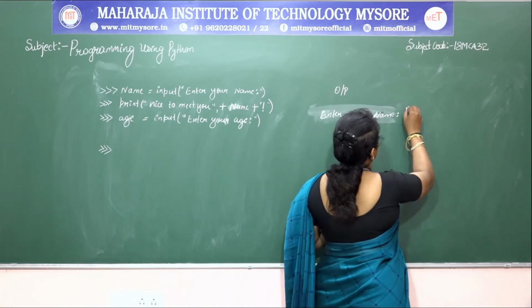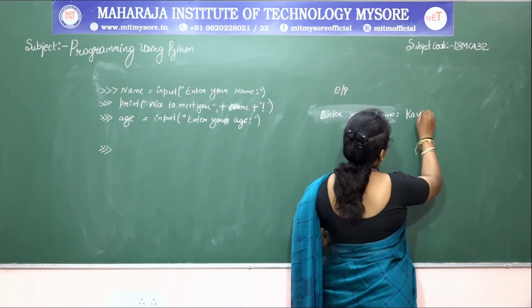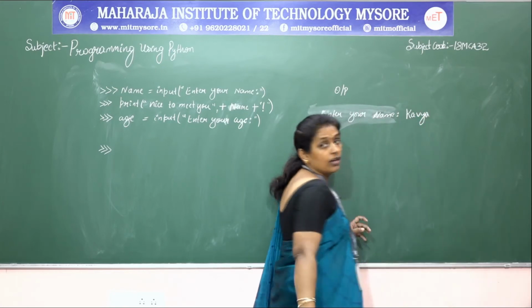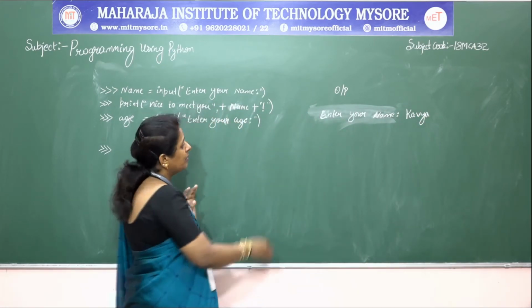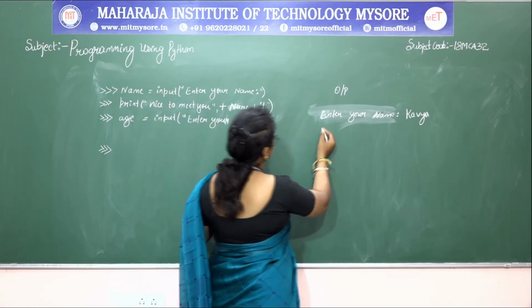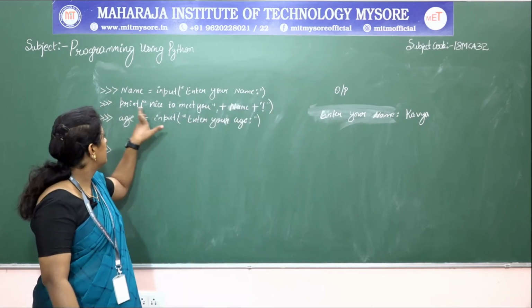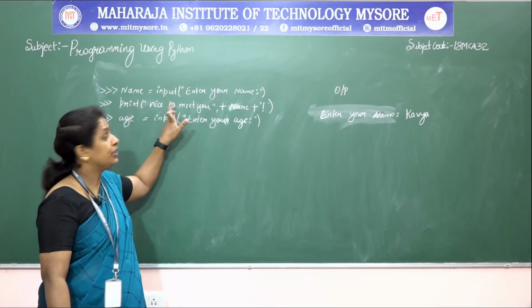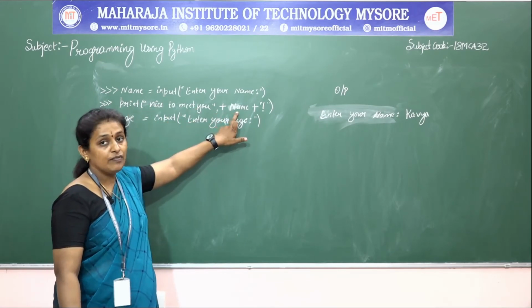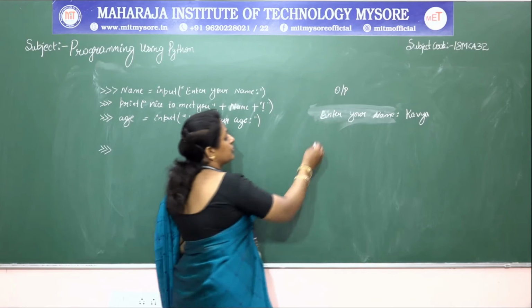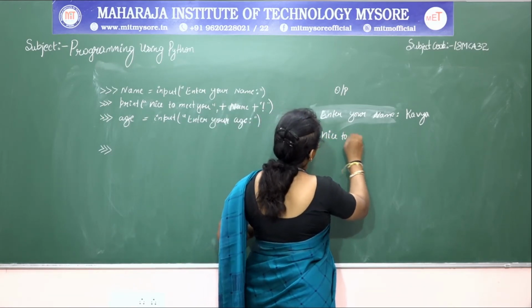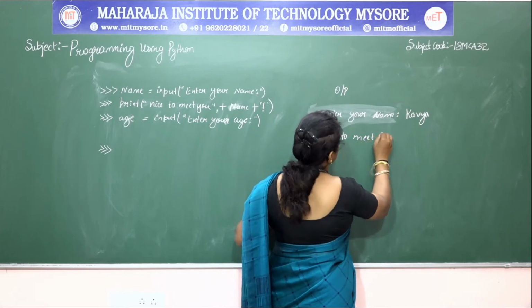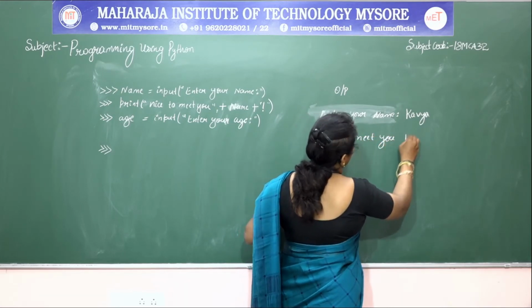I am taking an example as Kavya, and that value will be stored in the variable name. After that, it is going to execute the second line, that is print nice to meet you, and the value of the name will be substituted, so that: nice to meet you Kavya.